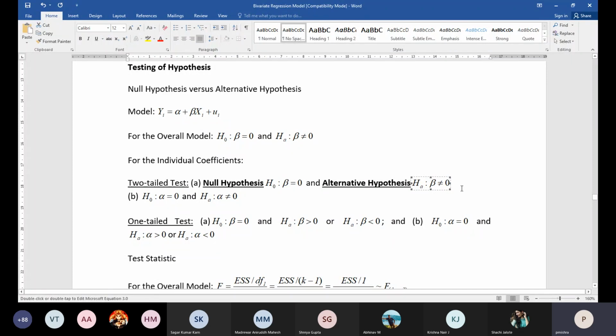Say, for example, if beta is not equal to 0, that means there is some influence of x on y. There is a relationship between x and y. This beta may be positive, this beta may be negative. Accordingly, the line will be positively sloped or negatively sloped.